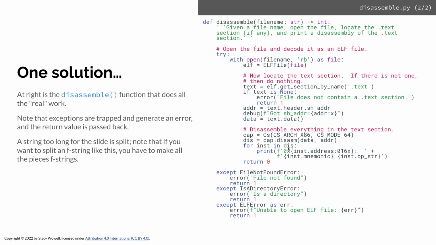For instruction in the disassembly, print an F string, 16 hex characters wide with leading zeros. Print the inst address. This is the address of that instruction. It computed it because I gave it the base address of the data, and so it's able to fill that in. I have a couple spaces. And then I have the mnemonic and the op string, and I'm done. I print all those out, and I return 0.